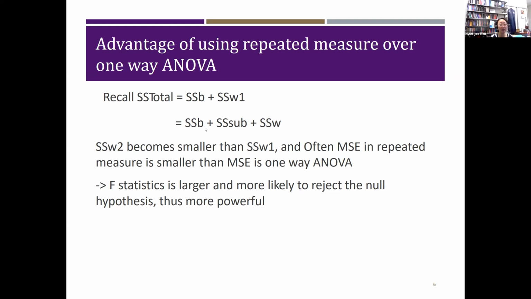By definition, the sums of squares here, SSB, SS sub, and SSW, are all positive values, and the SSBs are the same. When SS sub is positive, you can tell that SSW1 is larger than SSW. The same way, SSW, which is the error sum of squares in repeated measure, is smaller than the error sum of squares in one-way ANOVA.